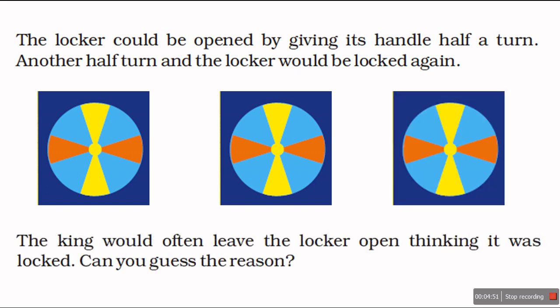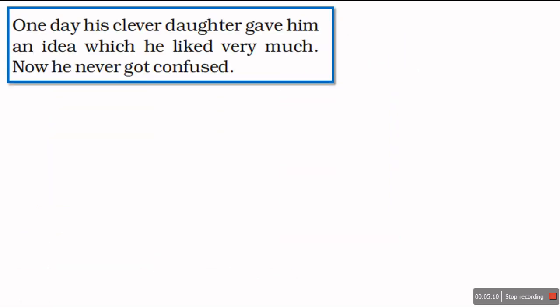The king would often leave the locker open thinking it was locked. Can you guess the reason why he was thinking that? He was thinking like this because after turning half, it doesn't make any difference. So what could be the solution?